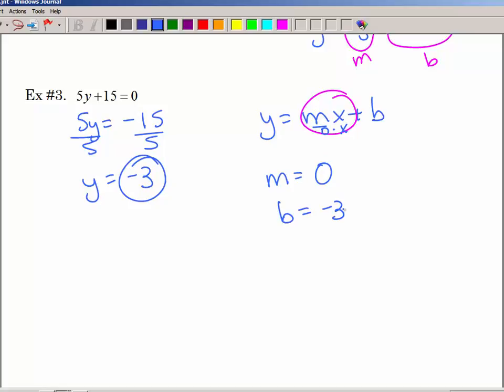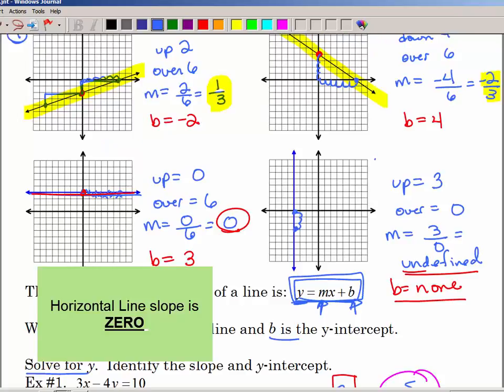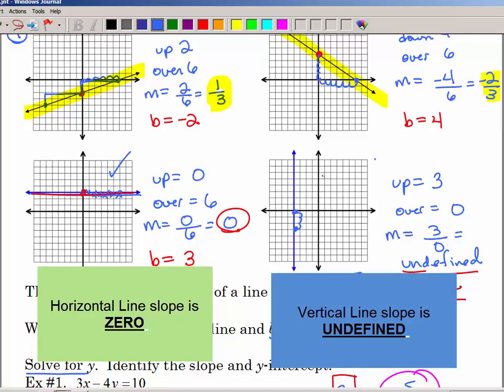Now think about that. What kind of line has a slope of 0? Go back up here. Remember, a horizontal line has a slope of 0. A vertical line has a slope that's undefined. So anytime you run across where the slope is 0, you should automatically know that that's a horizontal line.